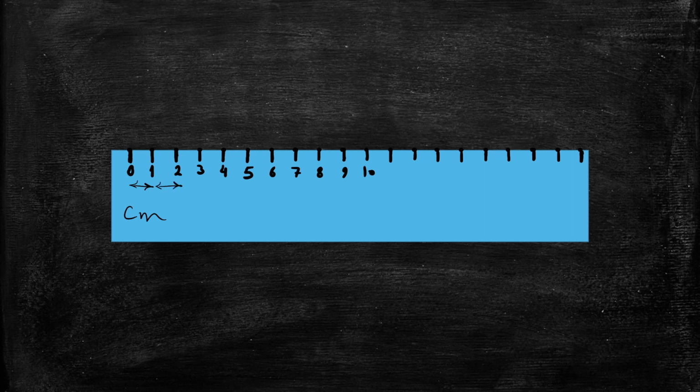The smallest tick marks here, the distance between them is always 1. So that's the smallest increment of this measurement tool, which is the same as to say the precision of this measurement tool, of this ruler.